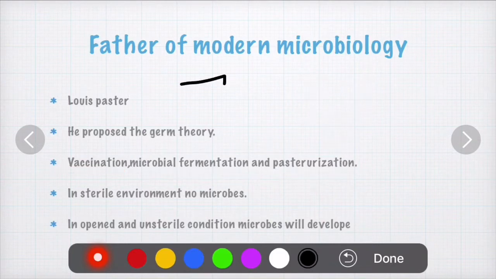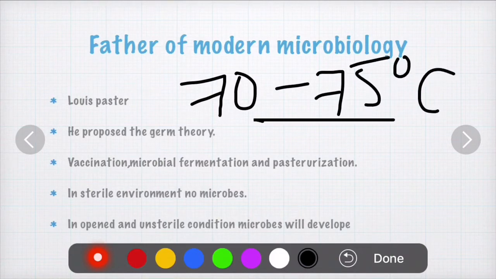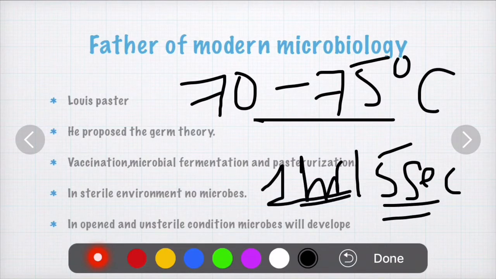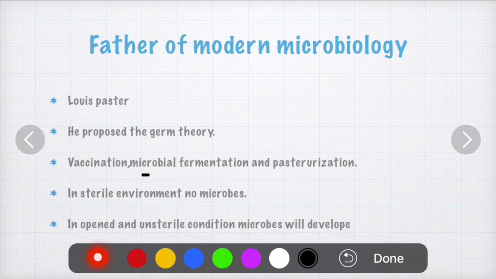The pasteurization temperature is 70 to 75 degrees Celsius. Under this temperature no microbes can survive for 15 seconds, or for more effectiveness we can do it for 1 hour. If we expose for 1 hour, it is a very effective treatment to kill the microbes present in the food substances.